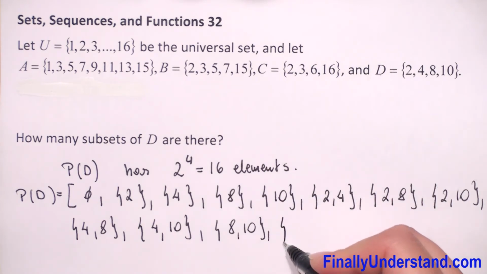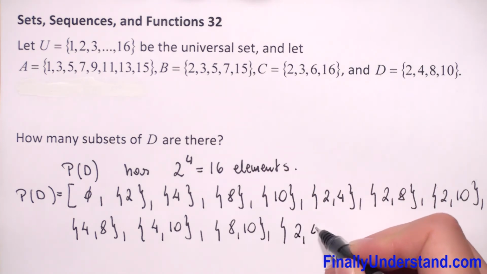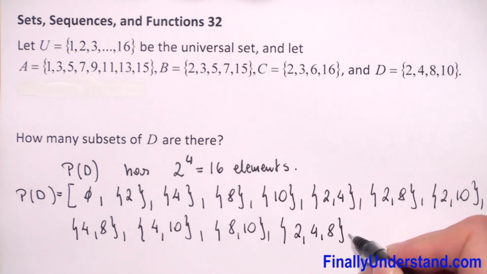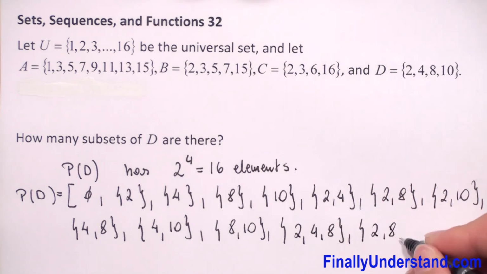Now we have 1 element, 2 elements, so now will be 3. So it can be 2, 4 and 8, and 2, 8 and 10.